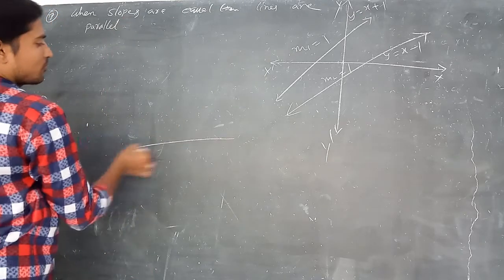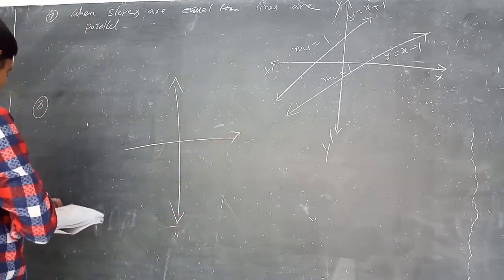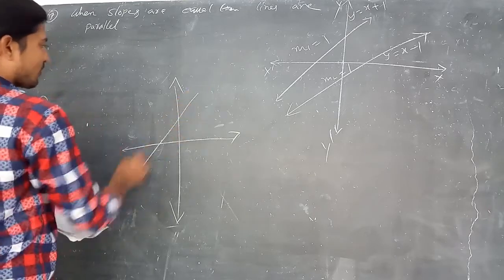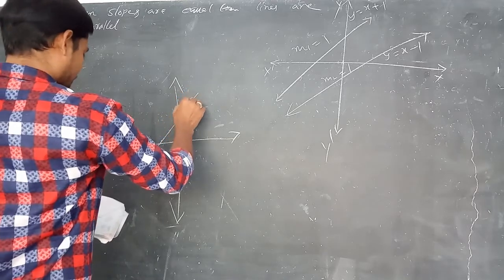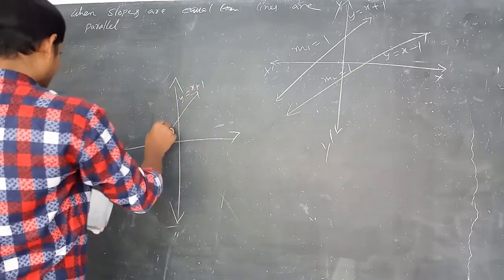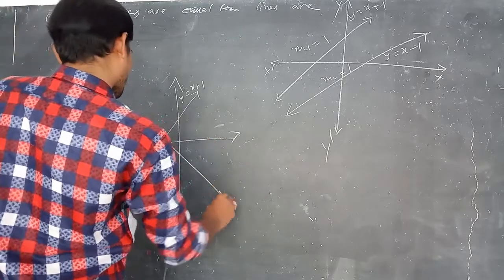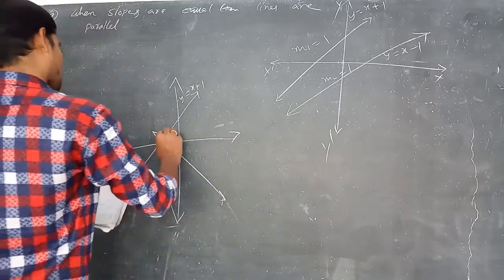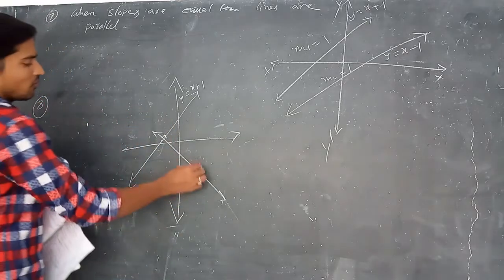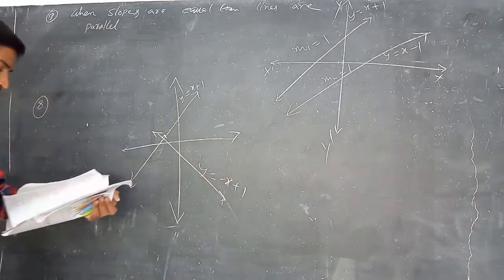Eighth one. Suppose y equal to x plus 1, and one more line such that the angle between them is 90 degrees, the line y equal to minus x plus 1.